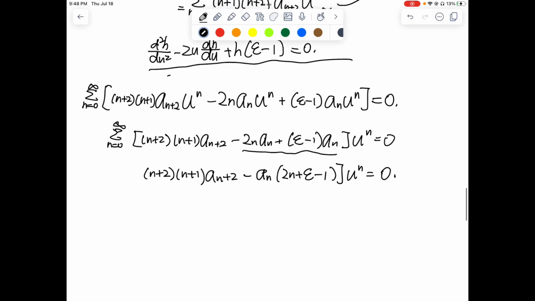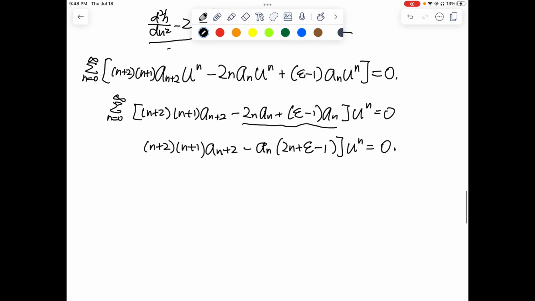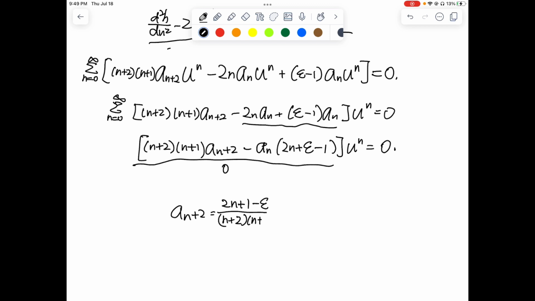So we get a relationship between the first term and the term after that. If we want this to be 0, then a n plus 2 equals 2n plus 1 minus epsilon over n plus 2 times n plus 1, times a n. So we get a relationship between a coefficient and the coefficient two terms after it.